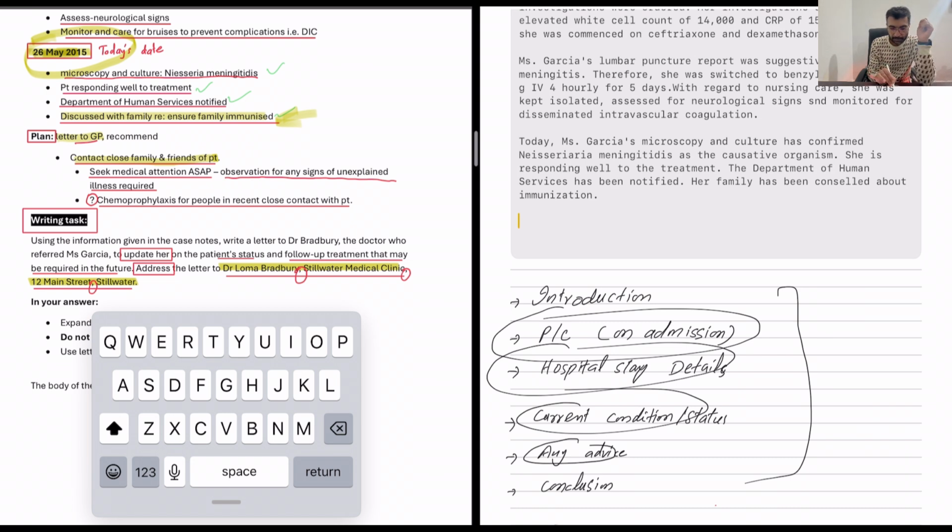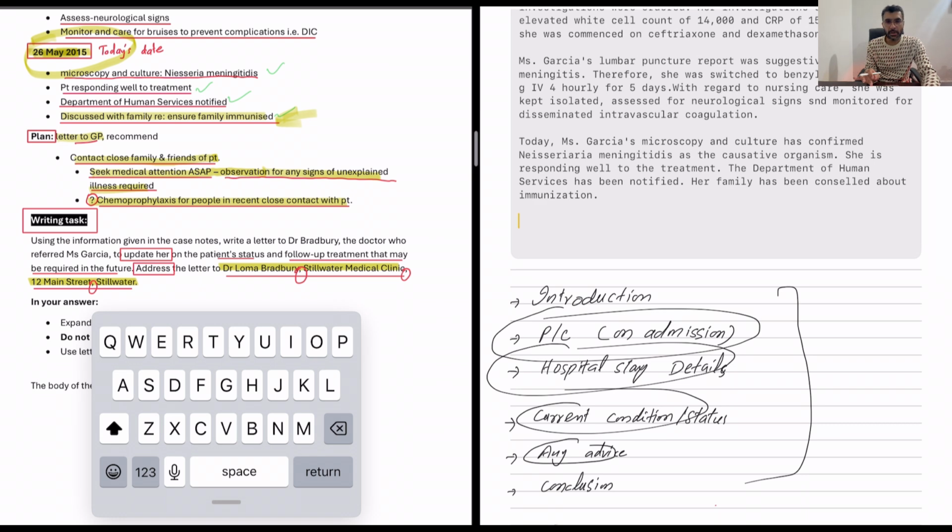Contact them and ask them to seek medical attention immediately if they observe any signs of unexplained illness. And also we will recommend the GP to provide chemoprophylaxis to those who remained in close contact with the patient recently. So in conclusion, we'll write it like this.